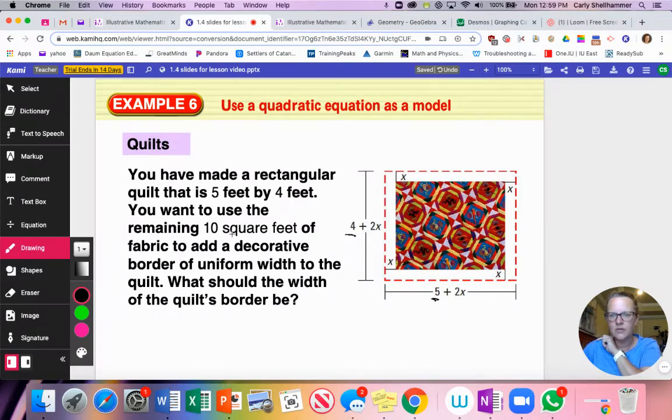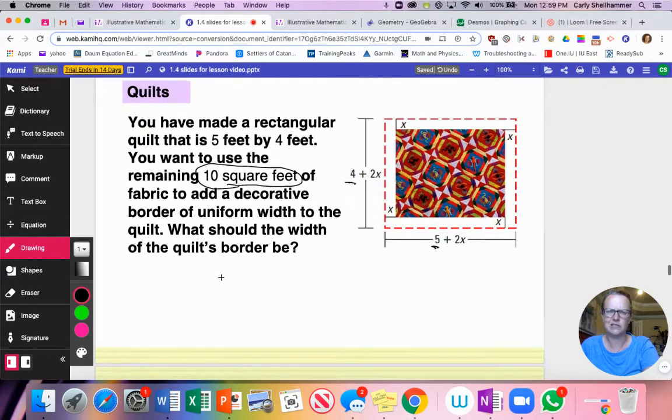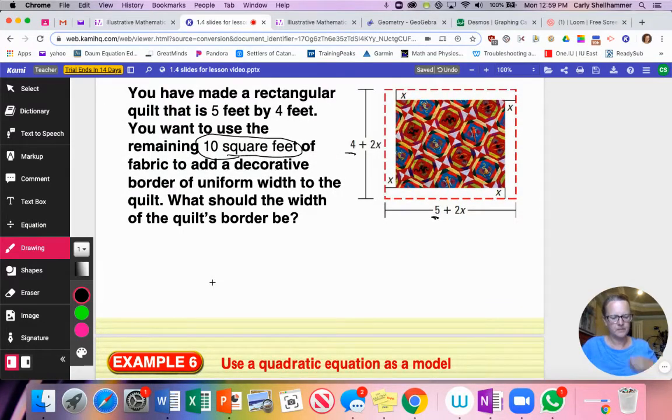So I want to use the remaining 10 square feet of fabric to add a decorative border. I know that the area of the border is going to be 10. The area of the quilt and the border is going to be 4 plus 2x and 5 plus 2x.